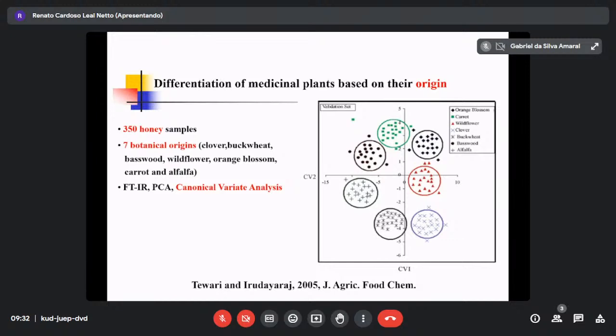Maybe we need to add additional plants, like genuine versus fake. If it's from sugar, then this one is a fake. You understand?